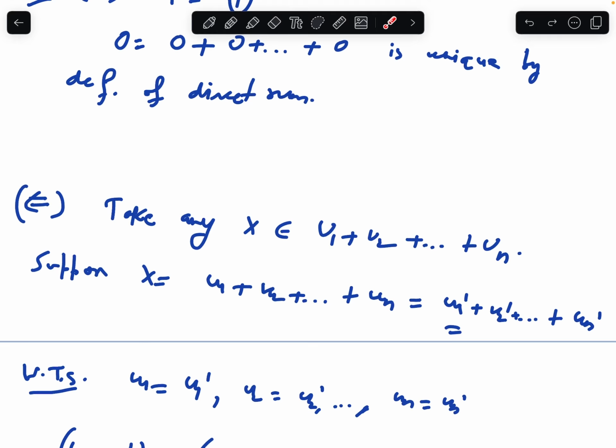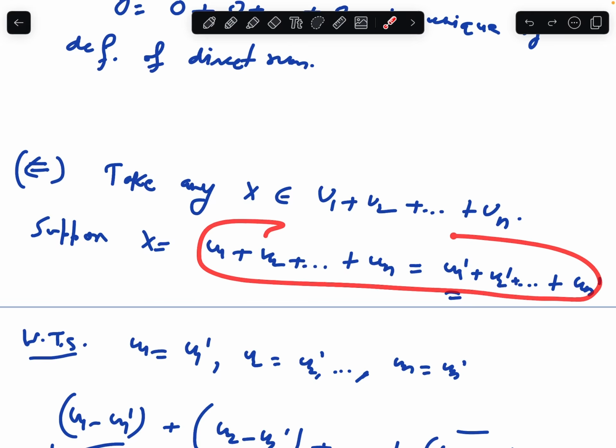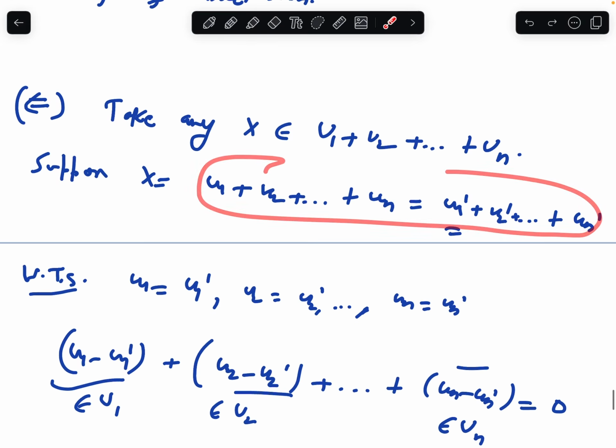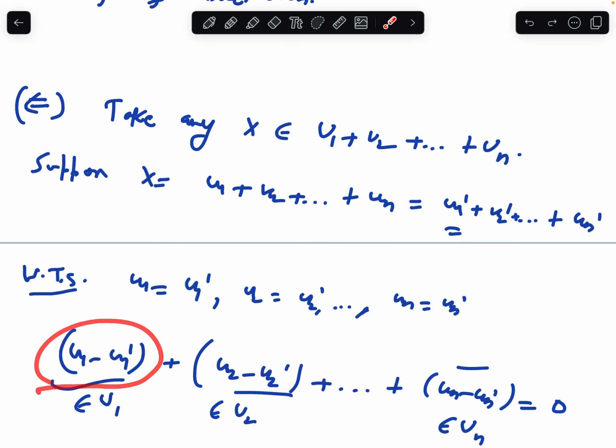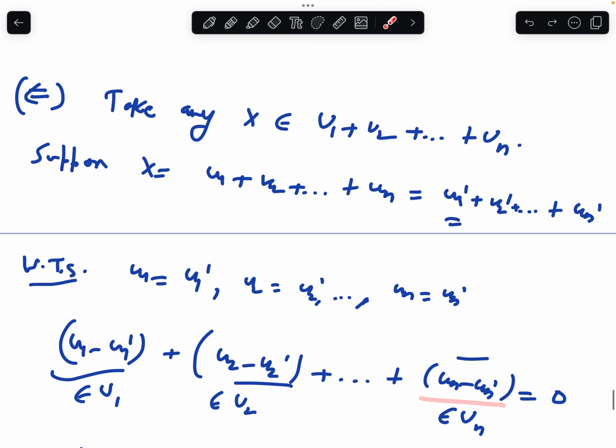So how do we do that? Let's rewrite this as u1 minus u1 prime, u2 minus u2 prime. So just take this u2 prime here. Similarly, take this u1 prime here. Now u1 and u1 prime both belong to U1. But U1 is a vector space.